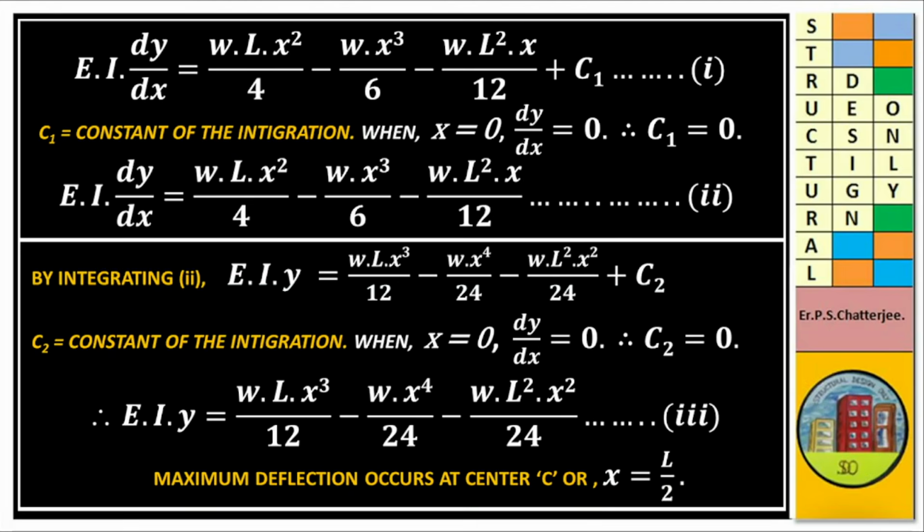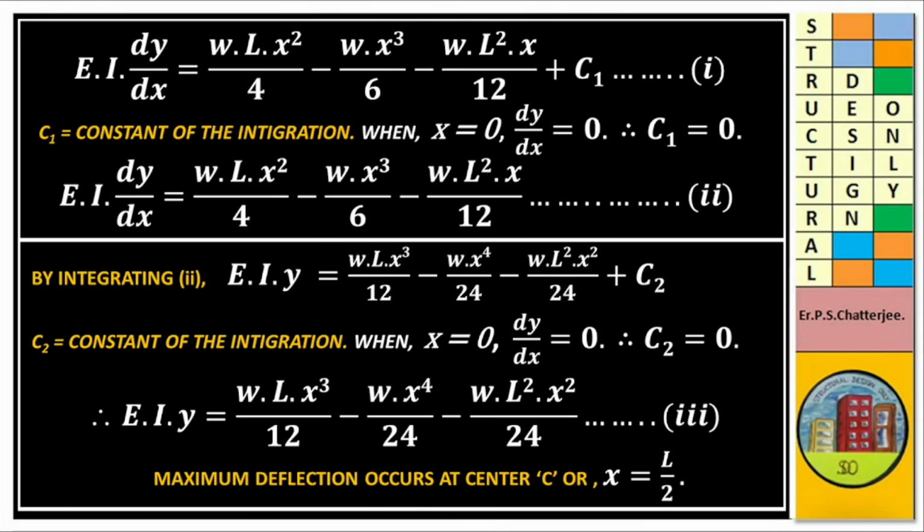By integrating equation 2, we have EIy is equal to W into L into x cube by 12 minus W into x to the power 4 divided by 24 minus WL square into x square divided by 24 plus C2. C2, once again, constant of integration.